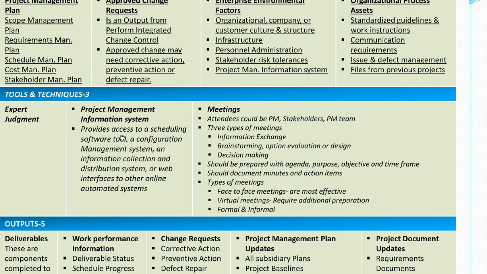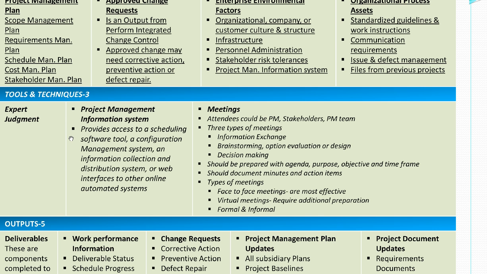What is this? Project management information system provides access to a scheduling software tool, a configuration management system, and information collection and distribution system, or web interfaces to other online automated systems.